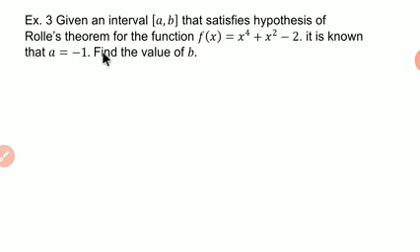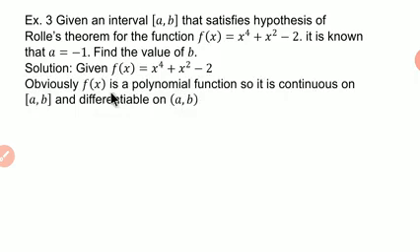Our aim is to find here value of b, and for that the given function must satisfy conditions of Rolle's theorem. So solution, given f of x is equal to x raised to 4 plus x square minus 2. Obviously f of x is polynomial function, so it is continuous on closed interval a to b and differentiable on open interval a to b.